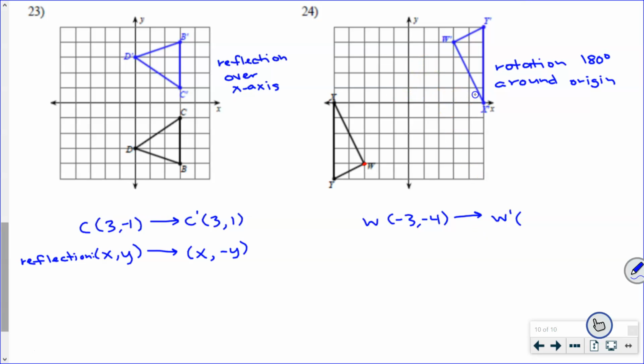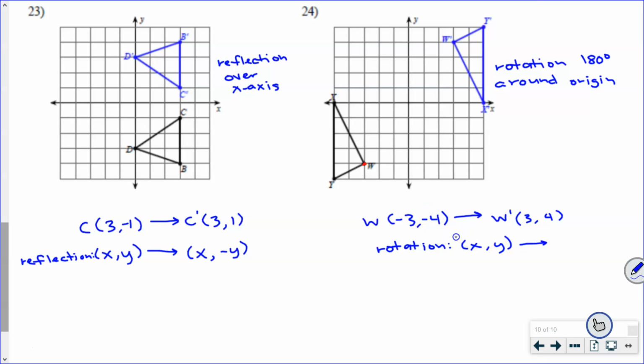W prime is 1, 2, 3, 4. Can you see how it changed? Now we already know it's a rotation because we already identified that, so I'm going to start by writing that out like I did here. Reflection, we're going to write rotation. Where x, y goes to, talk to each other first.